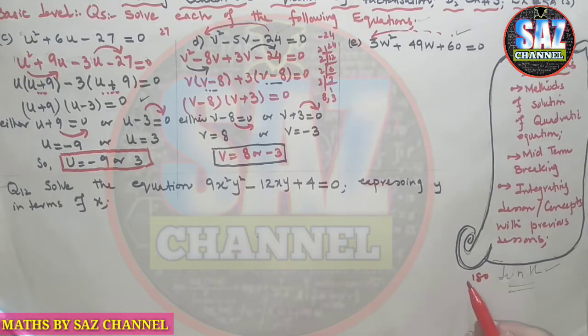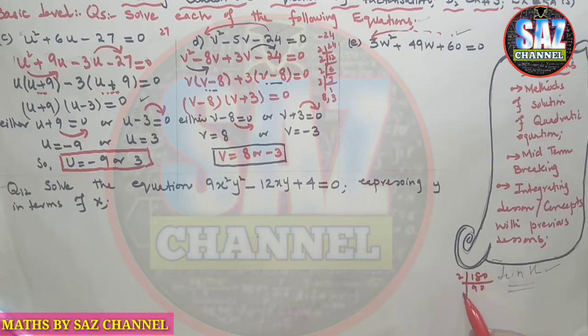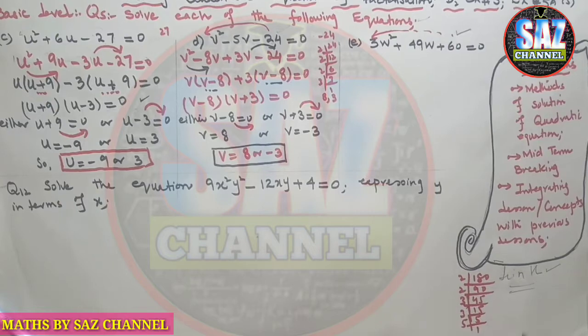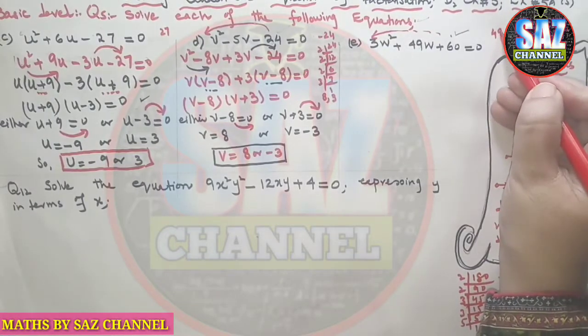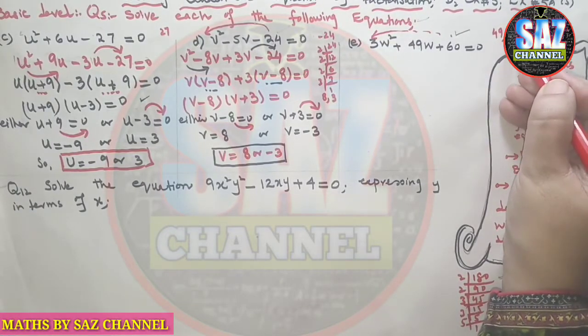Now I have to make the prime factors of 180: 2 90s, 2 45s, then the table of 3 is suitable, 3 15 times, 3 5 times, and 5 1 times. Now out of all these factors, I have to set the factors in such a way that when I'm adding or subtracting, I'm getting 49, and when I'm multiplying, I'm getting 180.